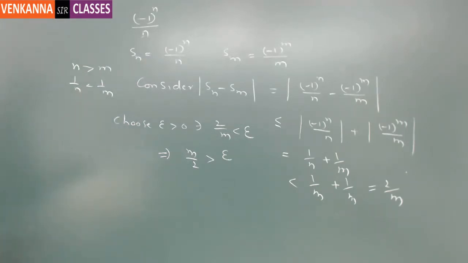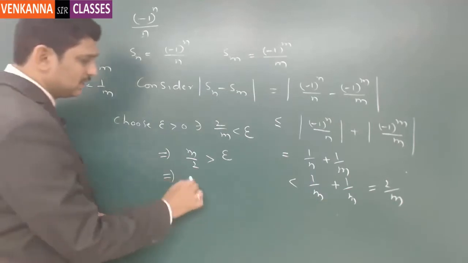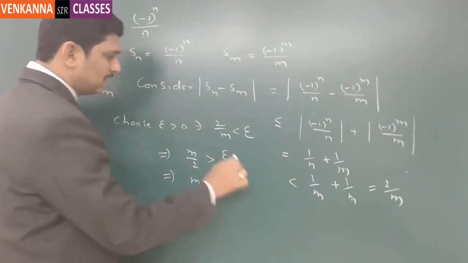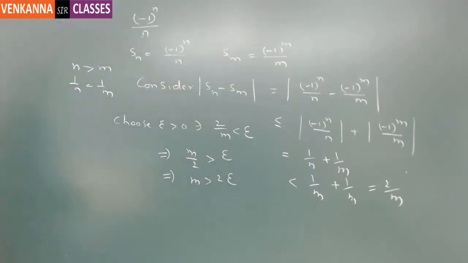Am I correct? 2 by m is less than epsilon. Right? So this implies m is greater than 2 epsilon. So this will give a relation with regard to m and epsilon.